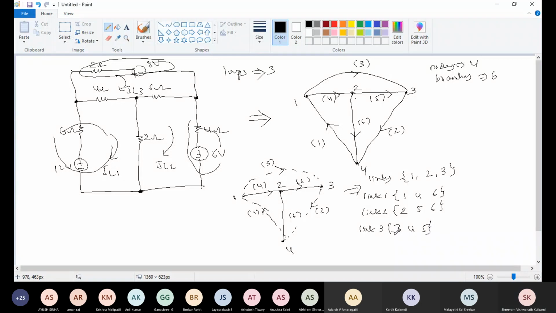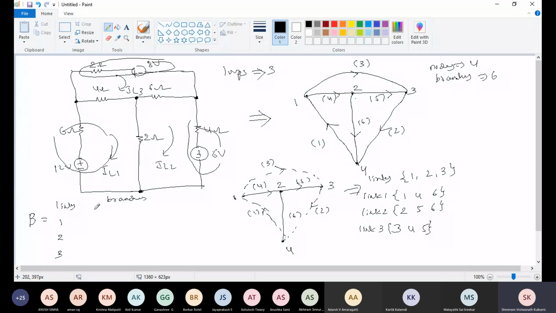Okay. Now I'm going to write the Tieset matrix, capital B. My rows will be the links, then columns will be my branches. So my links will be 1, 2, 3.